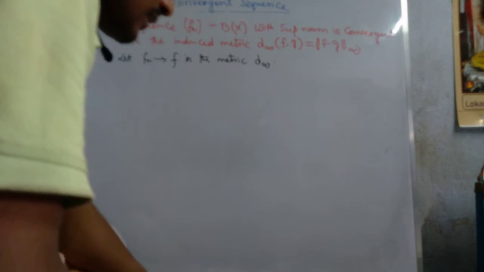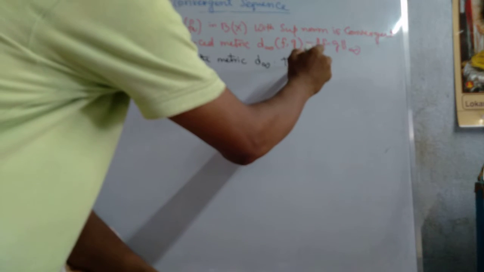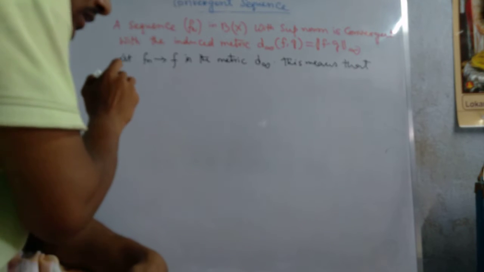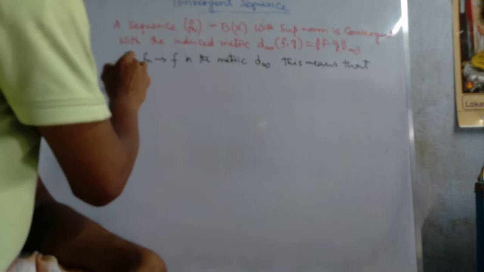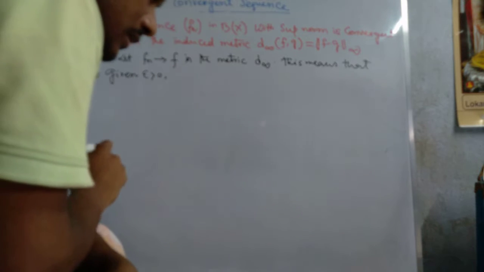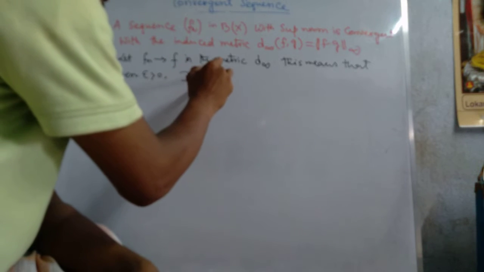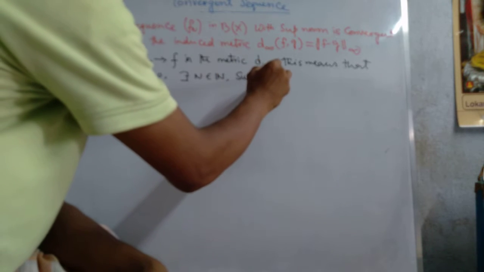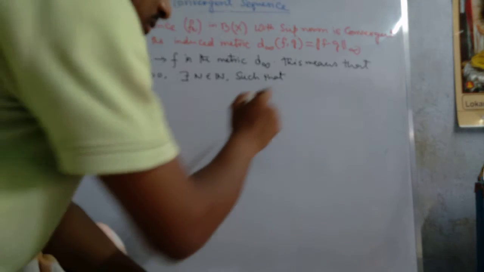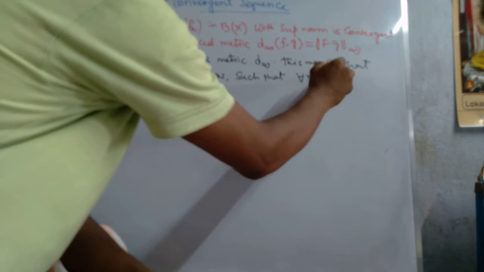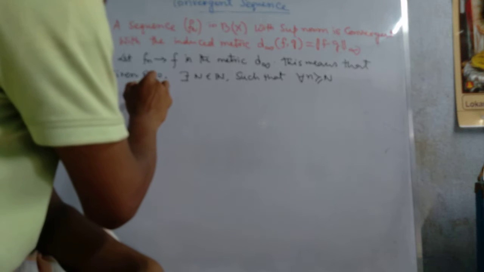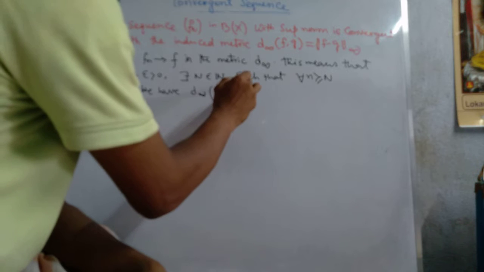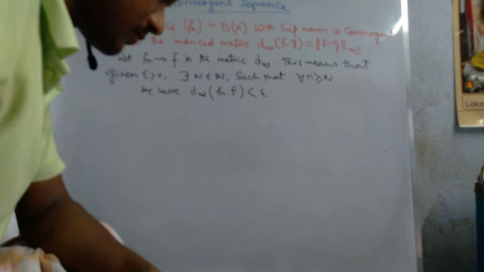Then this means that, given epsilon greater than 0, there exists N belonging to the natural numbers such that for all n greater than or equal to N, we have d infinity(fn, f) less than epsilon.